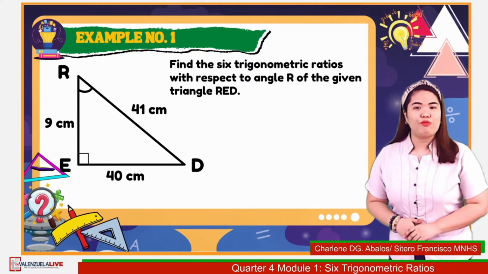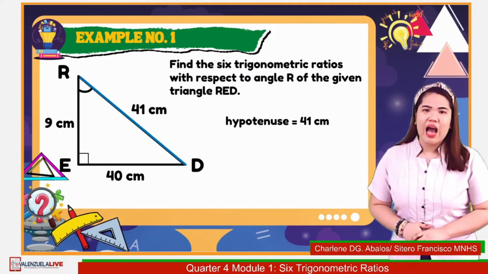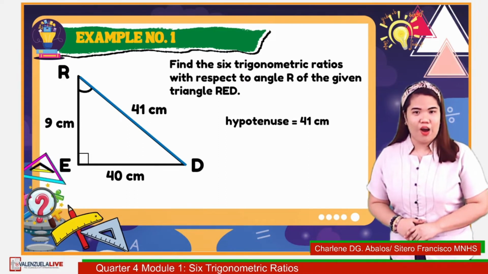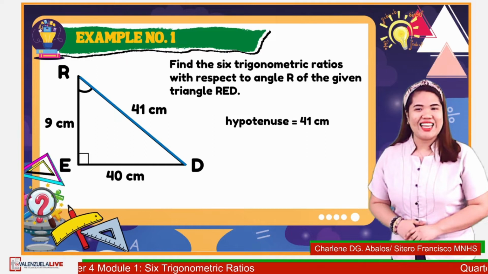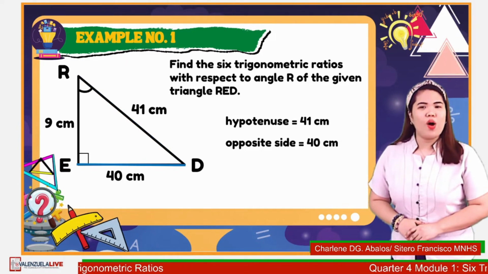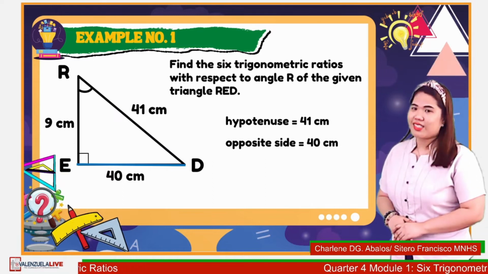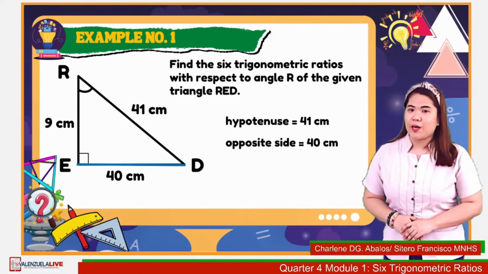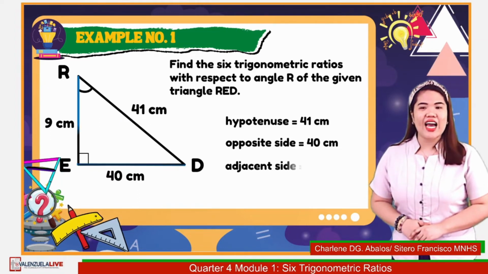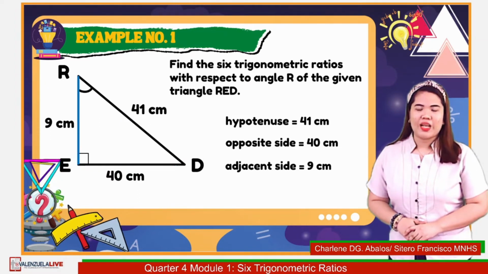It is 41 centimeters. How about the length of opposite side with respect to angle R? Yes, it is 40 centimeters. What is the length of adjacent side with respect to angle R? Exactly, it is 9 centimeters.